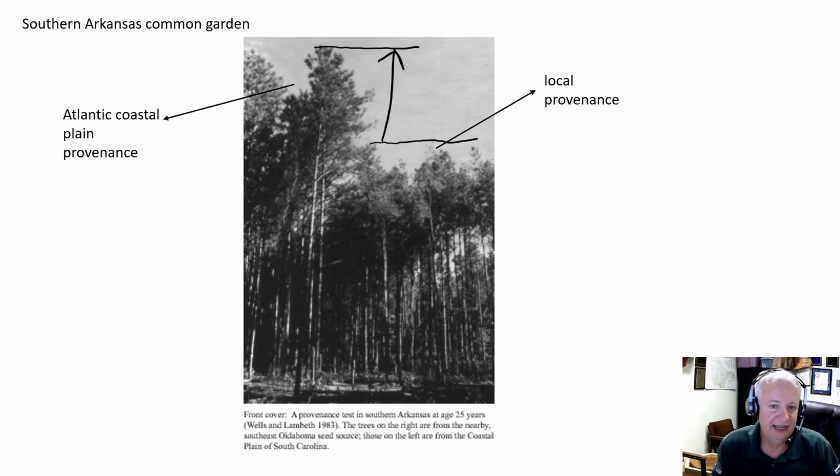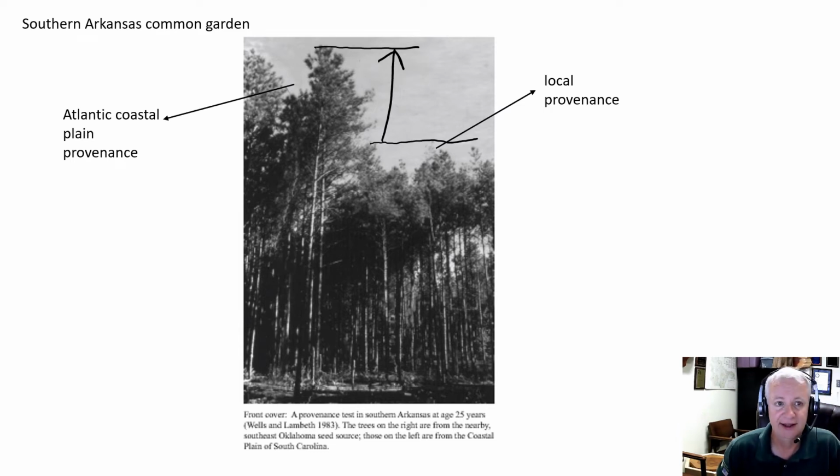Now, they couldn't plant those Atlantic coastal plain provenances on their most rocky, south-facing, dry sites. In those situations, they were better off planting the local provenances. But on maybe a little bit wetter or less severe sites, they could get away with planting these Atlantic coastal plain provenances.